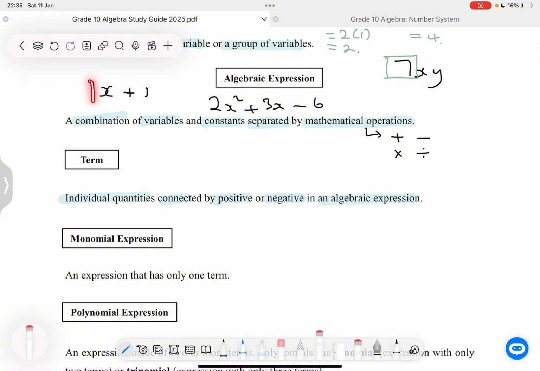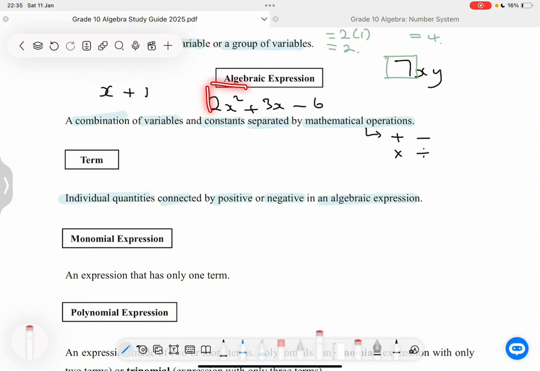In other words, the x here is called a term because it is separated from 1 by a plus. And the 1 is separated from the x by a plus here. So the 1 itself is also a term, right?